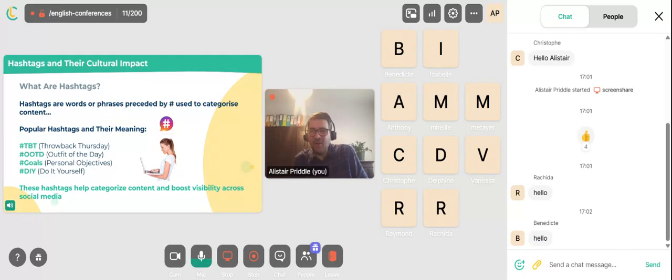Hashtag OOTD, outfit of the day. Hashtag goals, personal objectives. Hashtag DIY, do it yourself. These hashtags help categorize content and boost visibility across social media.